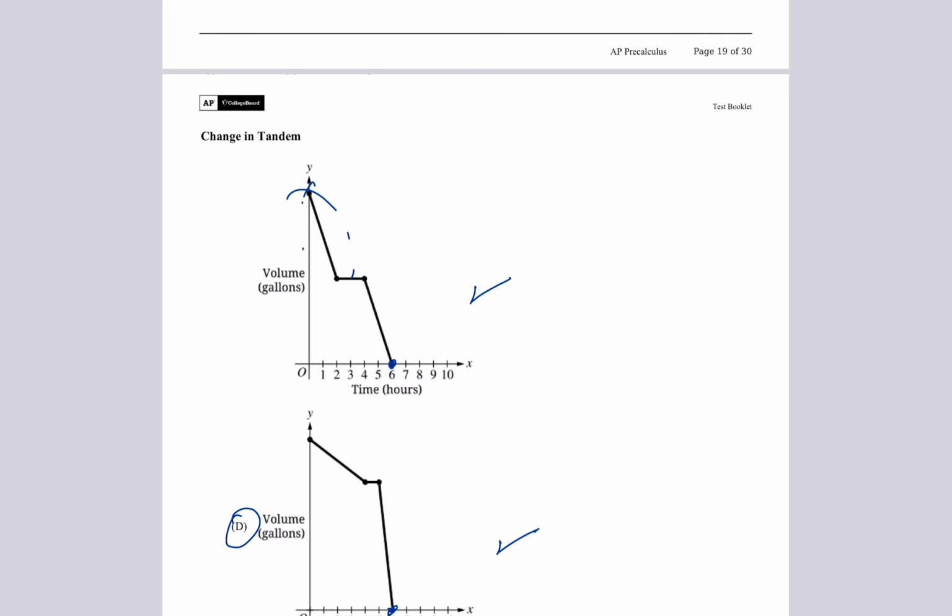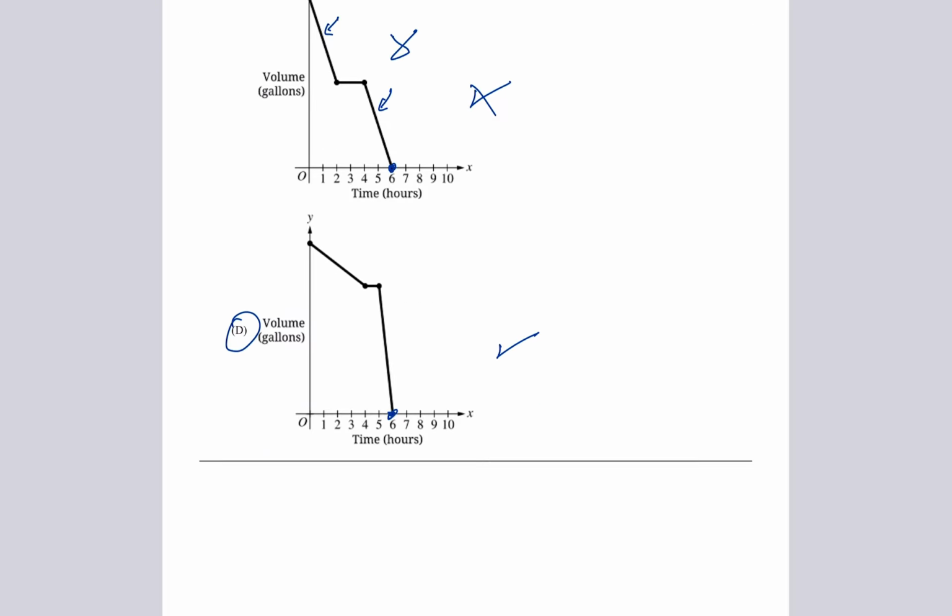Now, that is definitely not the case with option C, because this part and this part are the exact same rate, and this would be when it's no longer working, right? So C's out.